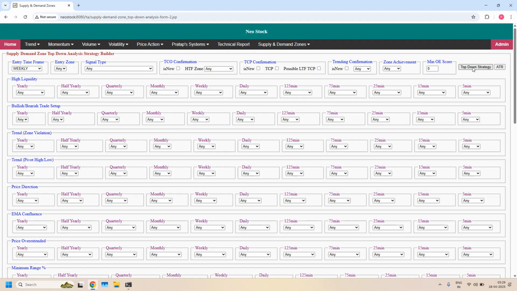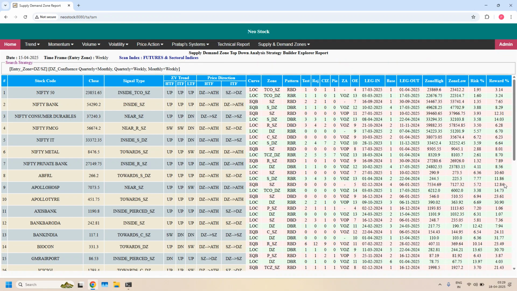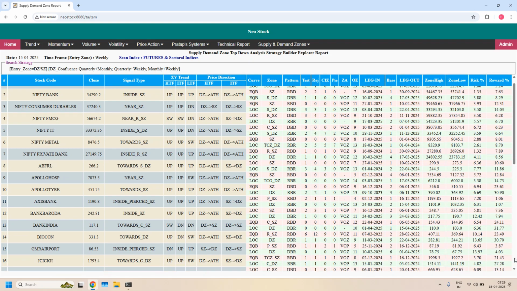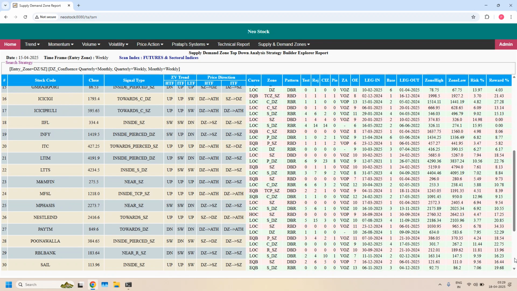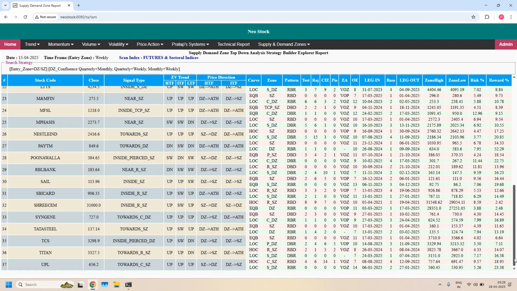Let's filter. We got a big list. Scrolling the list down. 37 stocks are filtered. We can further filter this list because weekly and monthly together overlapped with quarterly.